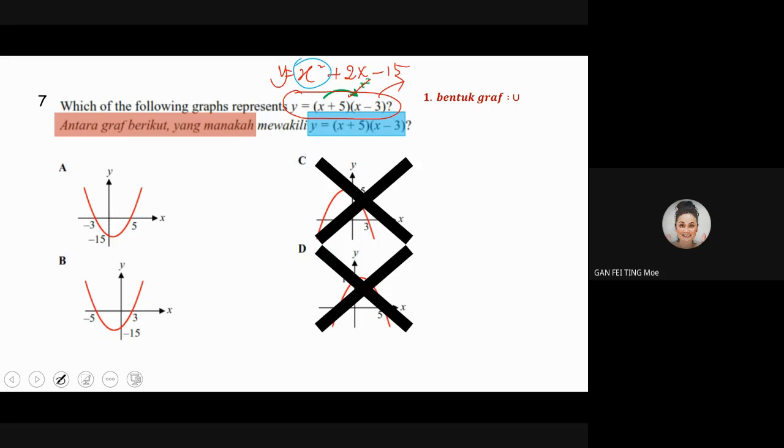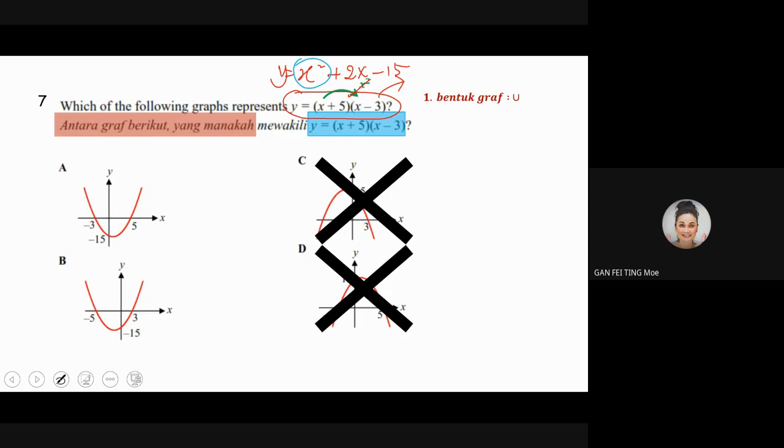So which do you choose as your answer, A or B? By looking at the factorization, you should be able to give the answer in a very short time.